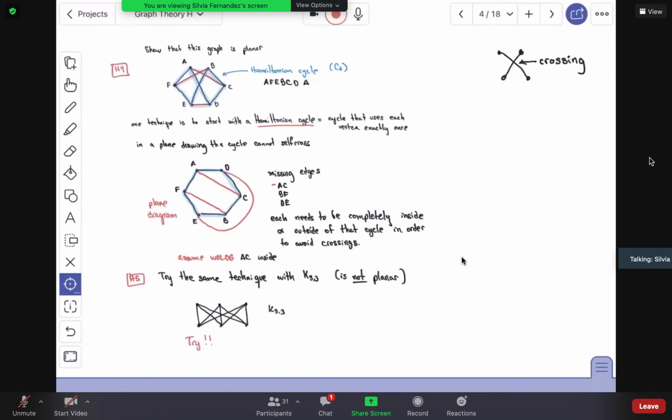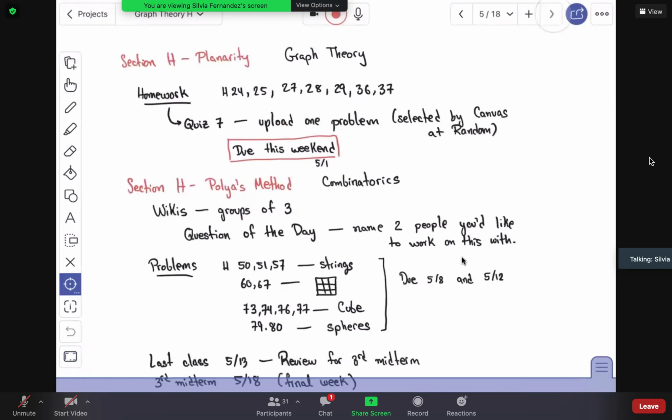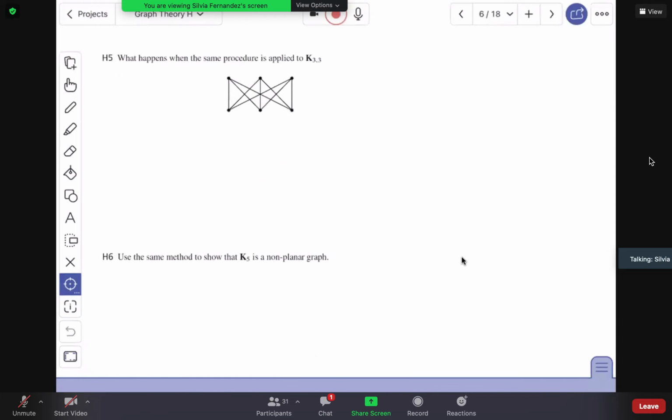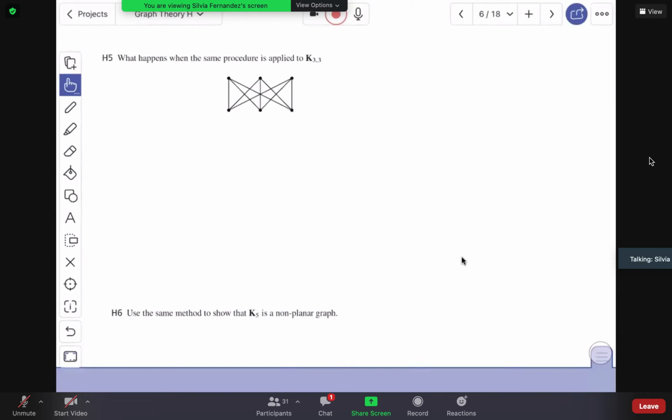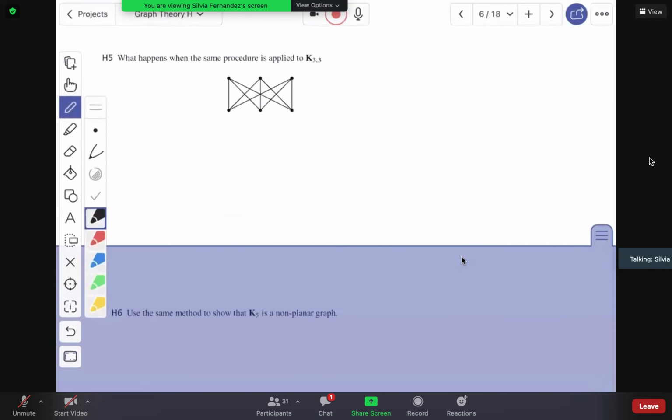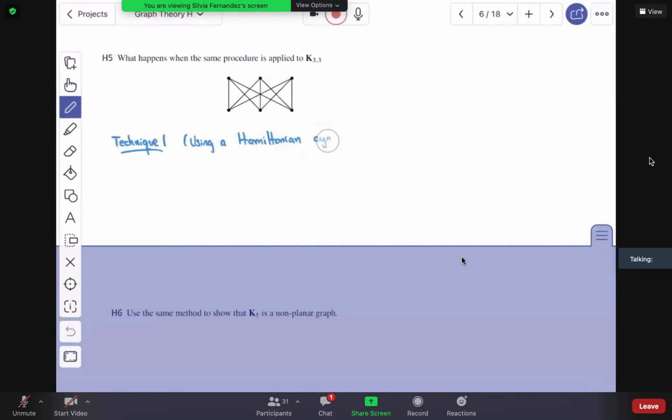So let me move to a new slide for this, proving that K33 is not planar. Okay? So how do we do this? First, let me say this is technique 1, using a Hamiltonian cycle. Okay, so first I need to find a Hamiltonian cycle. So I'm going to highlight one here.